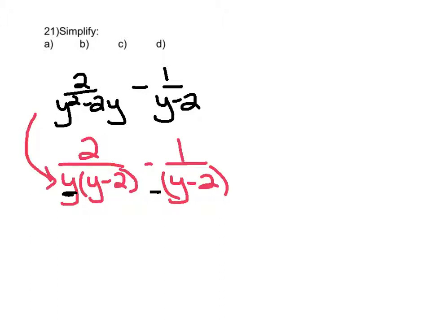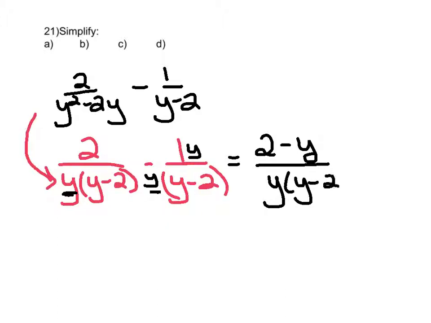So you have to multiply your top and bottom here by the y so that you can have a common denominator. Now what we're looking at here is 2 minus y over y minus 2.